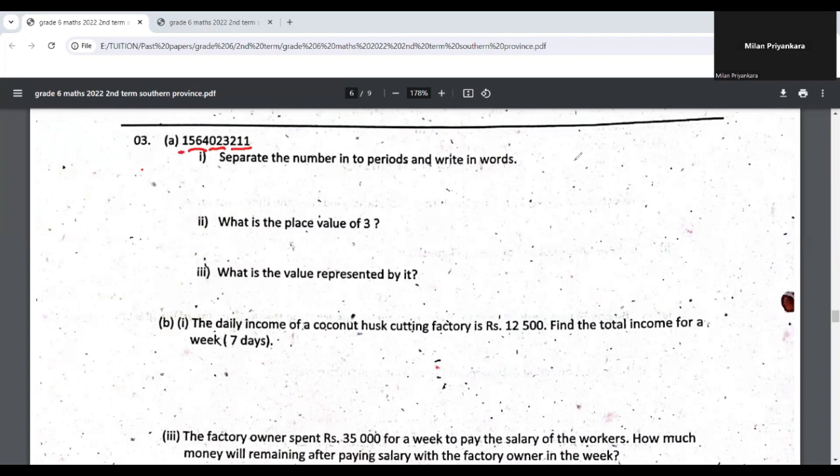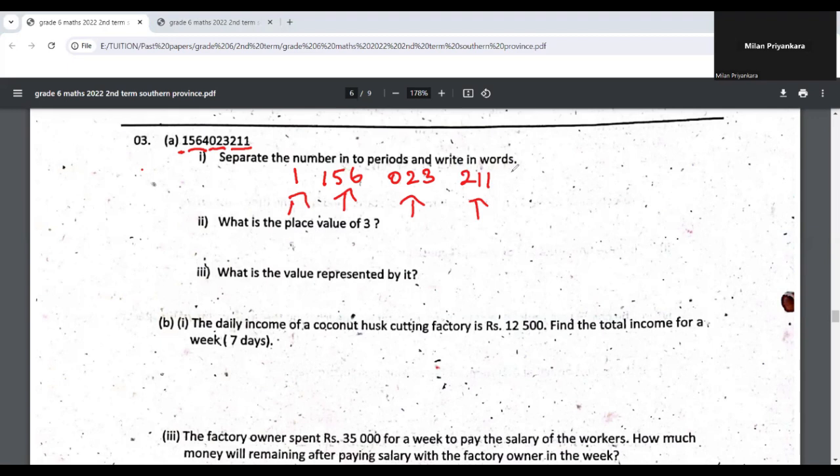So this is going to be 1, 156, 023, 211. These are the periods. So this is the units period, thousands period, millions period, and billions period, right?